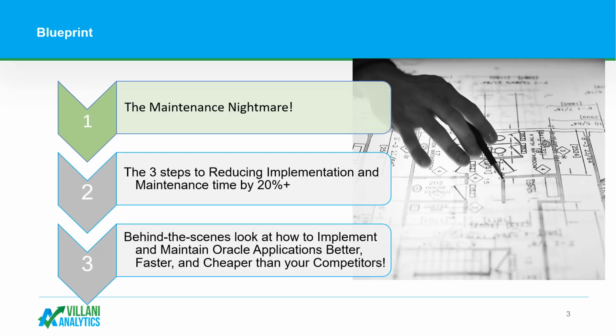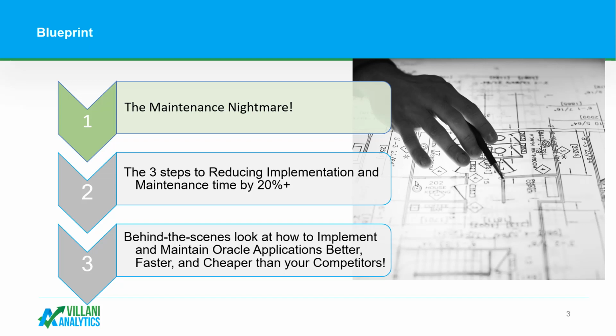So we're going to talk about three things in this presentation. One, the maintenance nightmare. I'm sure a lot of this will resonate with many of you, and we won't have to spend too much time going into detail on the different issues that you may face along the way. The second that we'll talk about are the three steps that we perform here to reduce implementation and maintenance time by 20% or more.